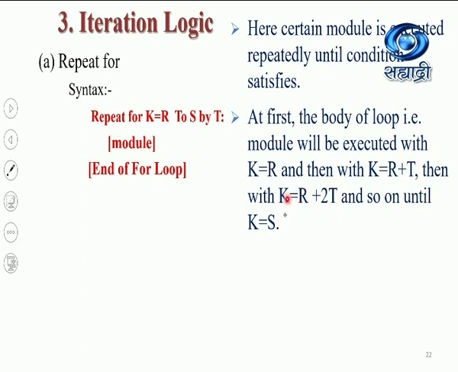So till what value will k be increased? Till s. When k is equal to s, at that time the execution of that loop will be stopped. The loop ends when k is greater than s. So when this condition will be false, at that time the loop stops its execution.